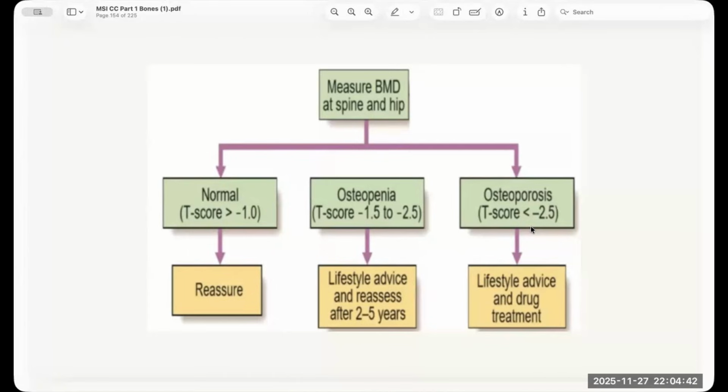But osteoporosis shows a T-score of less than -2.5, so it would be -3, -3.5, and so on. Now here, of course, you need to start drug treatment, but again, give lifestyle advice. So you try to hinder that disease as much as possible.